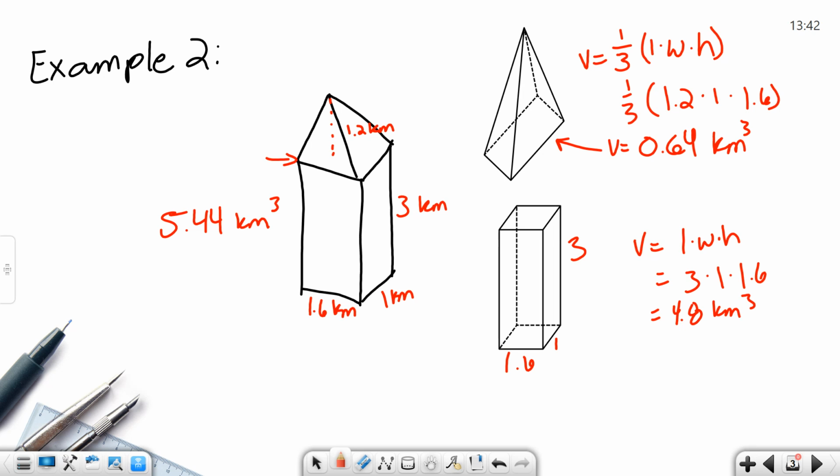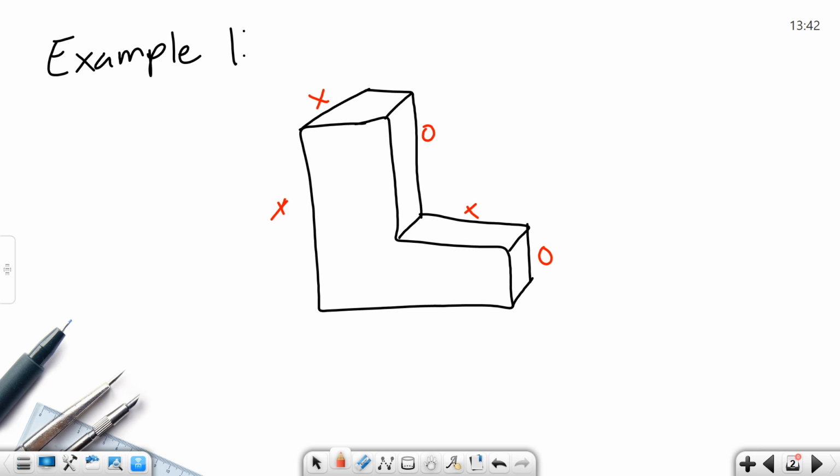I know I've been going quickly through these examples, and I haven't been following the rules for multiplying and dividing based off of significant figures. So I do apologize for that inconsistency, and at some point I will get around to updating this video with that correction.